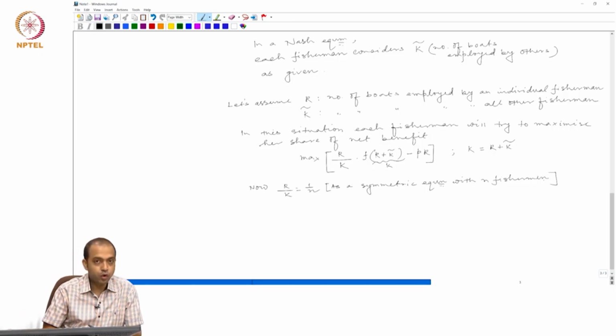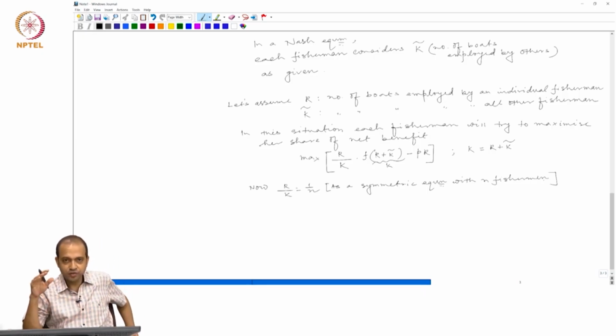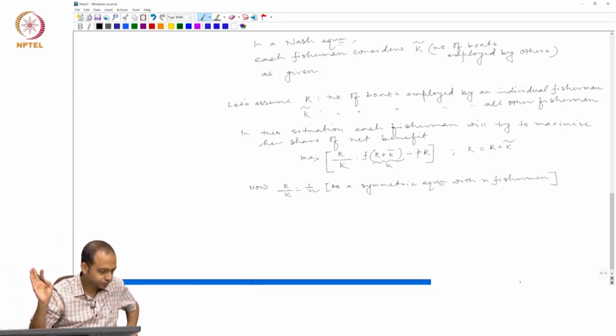If we assume all fishermen are symmetric, homogeneous in terms of their size, then small k by capital K is basically 1 by n.